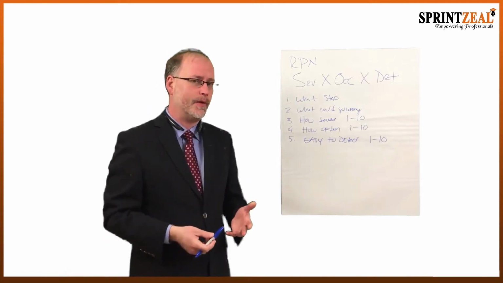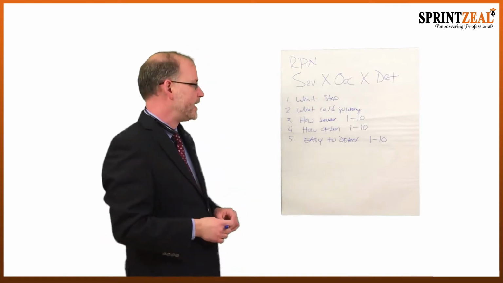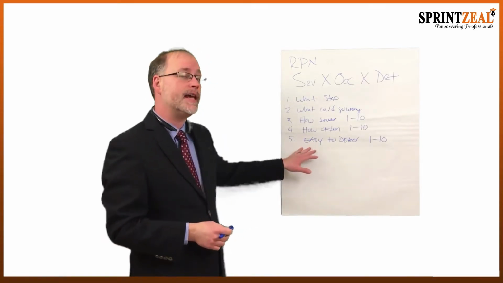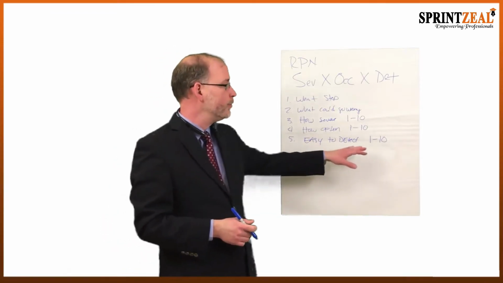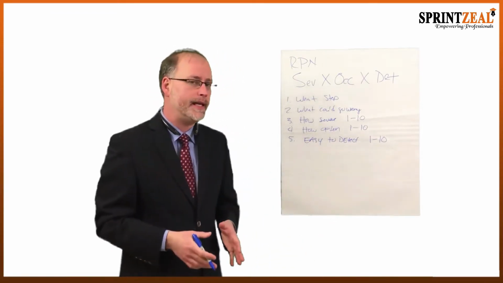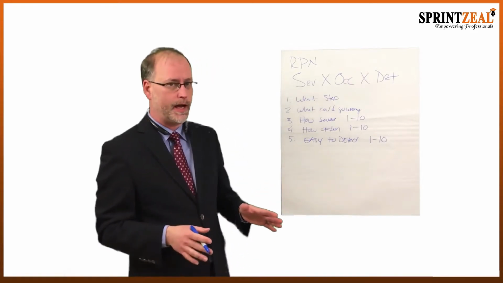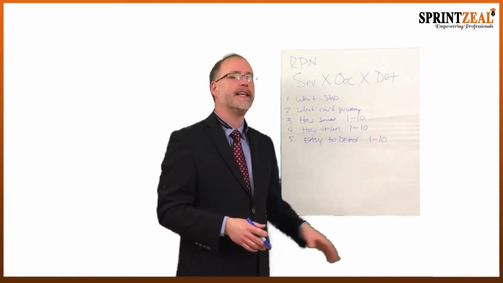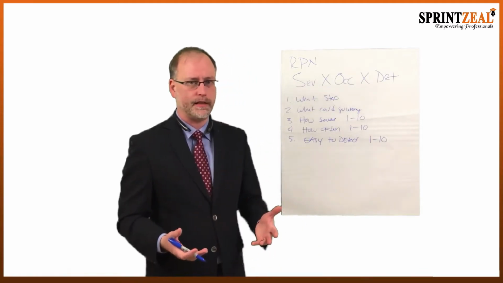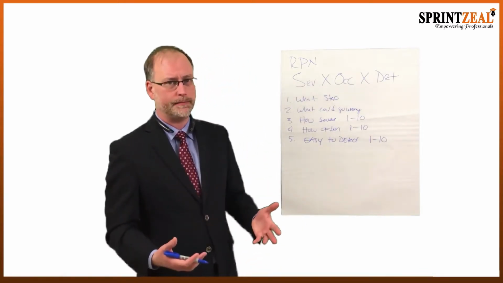The next thing that we have to do is decide how easy it is for us to detect the failure. With 1 being, it's incredibly easy for us to detect the failure. In fact, we would notice it every single time. To 10 being, it's impossible for us to detect the failure. We would never see it.